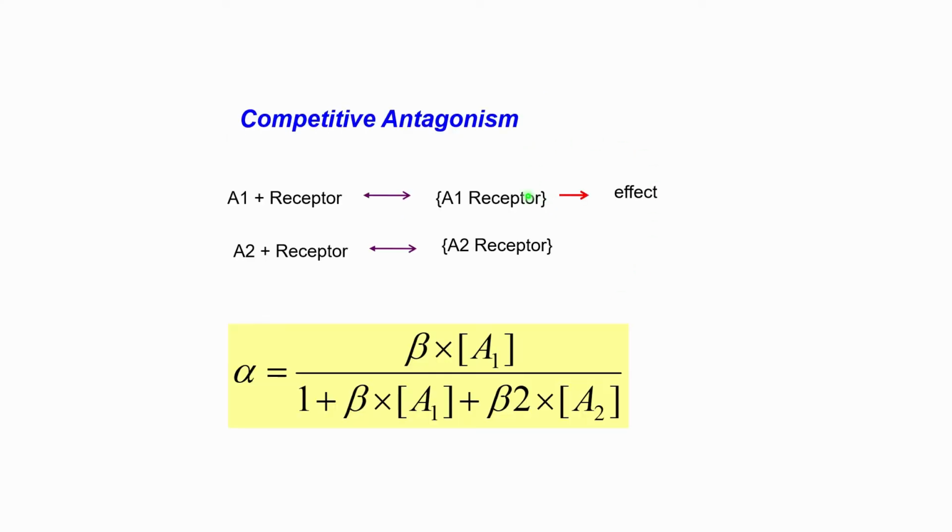Competitive antagonism. So we have two drugs, A1 and A2, which compete for one receptor. Only A1 gives an effect.